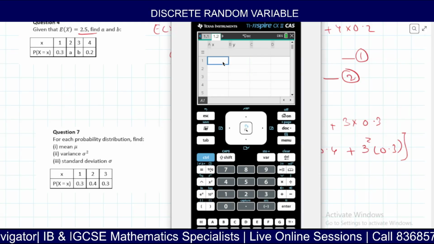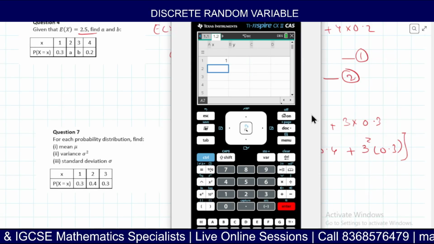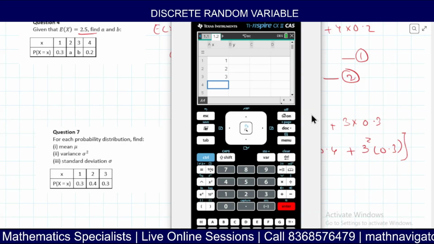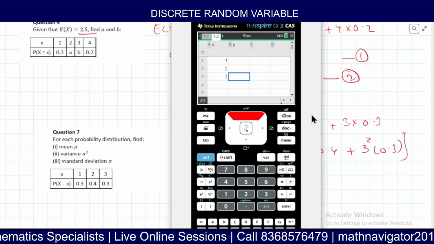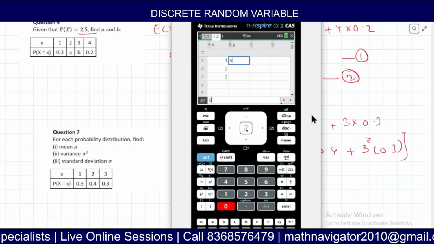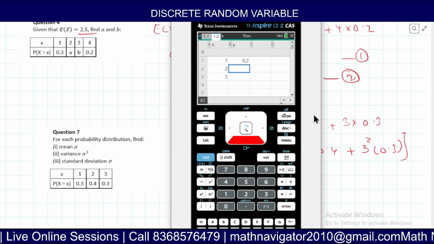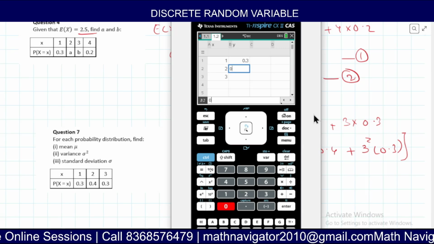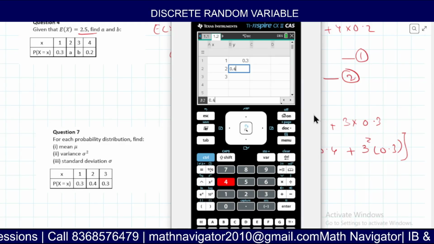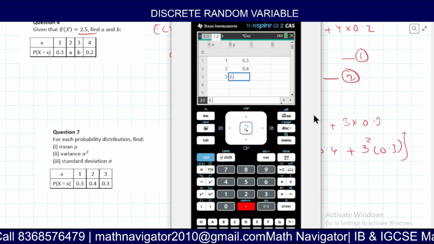Let me put this data 1 2 3, 1, then hit enter, then 2 and then hit enter, 3 and then hit enter, and then you need to move to the next column and then just 0.3 and then 0.4 and then again 0.3.